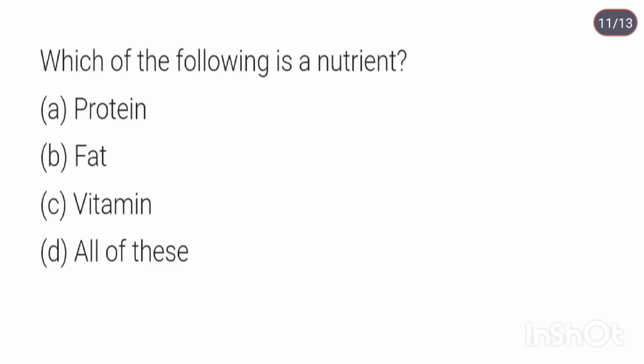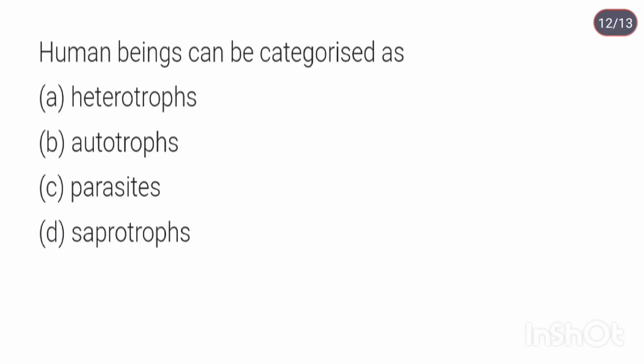Which of the following is a nutrient? All of these: protein, fat, and vitamin. Nutrient is a necessity for human body to survive, grow, and reproduce. There are 6 major nutrients: vitamins, proteins, fats, water, minerals, and carbohydrates. Human beings can be categorized as heterotrophs.